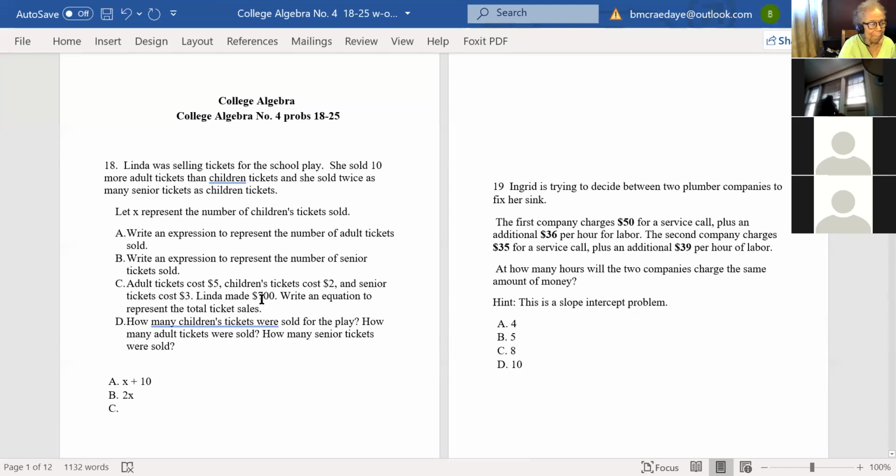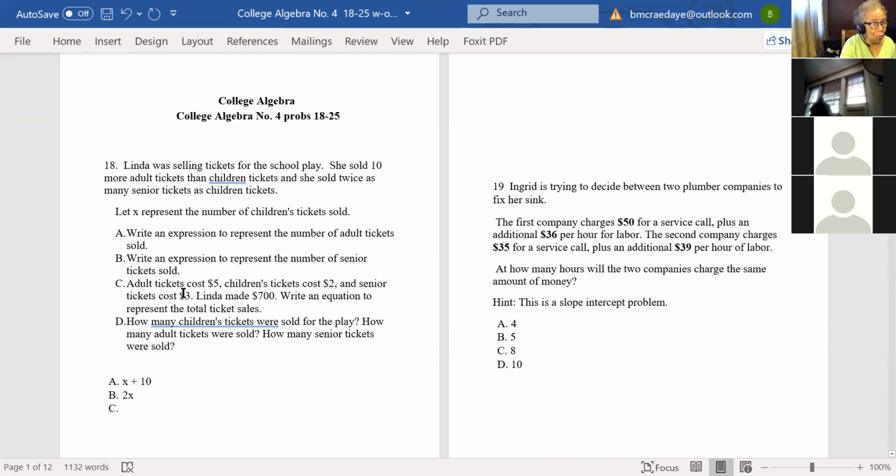Audrey? Okay, let me read it again. Adult tickets cost $5. Children's tickets cost $2. Senior tickets cost $3.